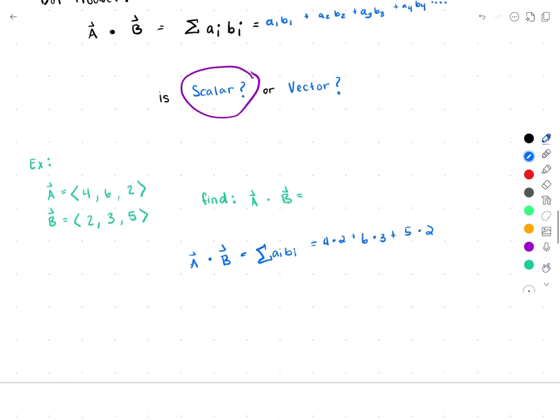And if you want, you can go ahead and work that out, but that's really a good enough definition for me. So this would be our final answer.